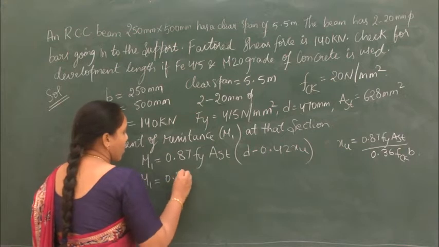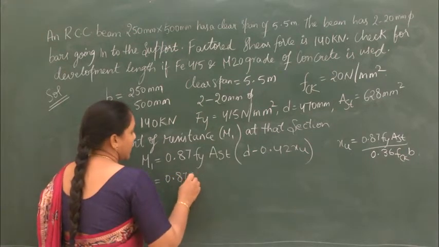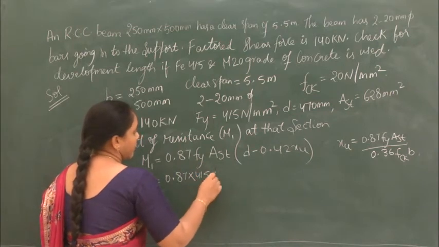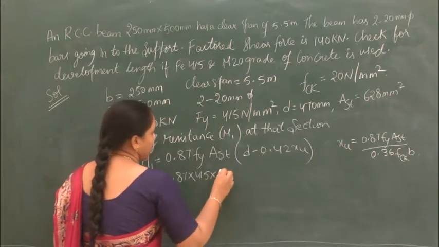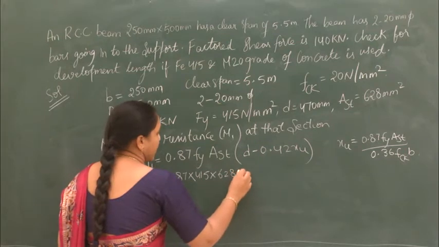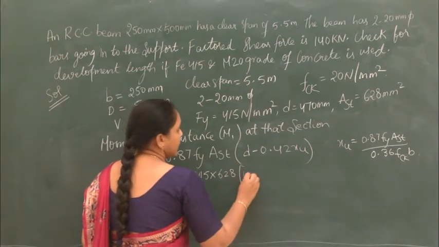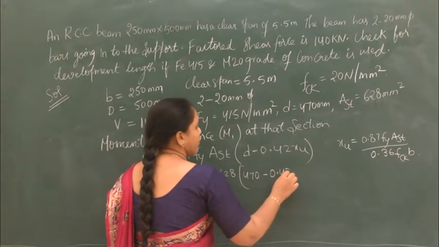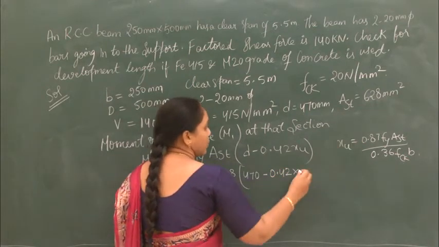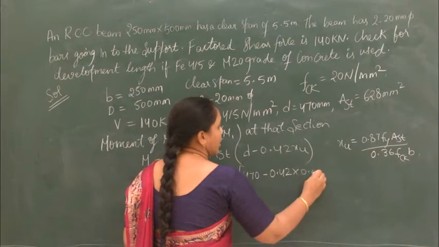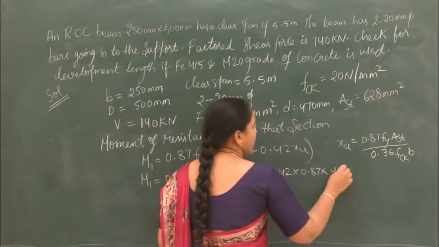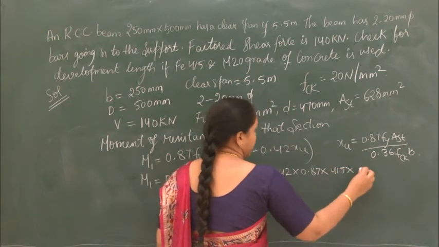So it is 0.87 into Fy. Fy is how much? 415 into AST. AST is 628 into D. D is how much it is? 470 minus 0.42 into XU. XU is 0.87 into Fy. How much is Fy? It is 415 into AST. How much is AST?